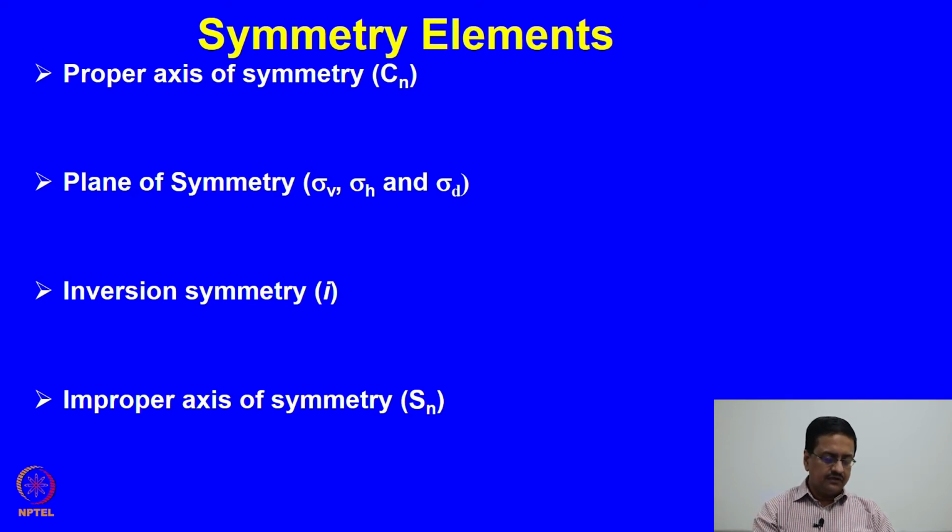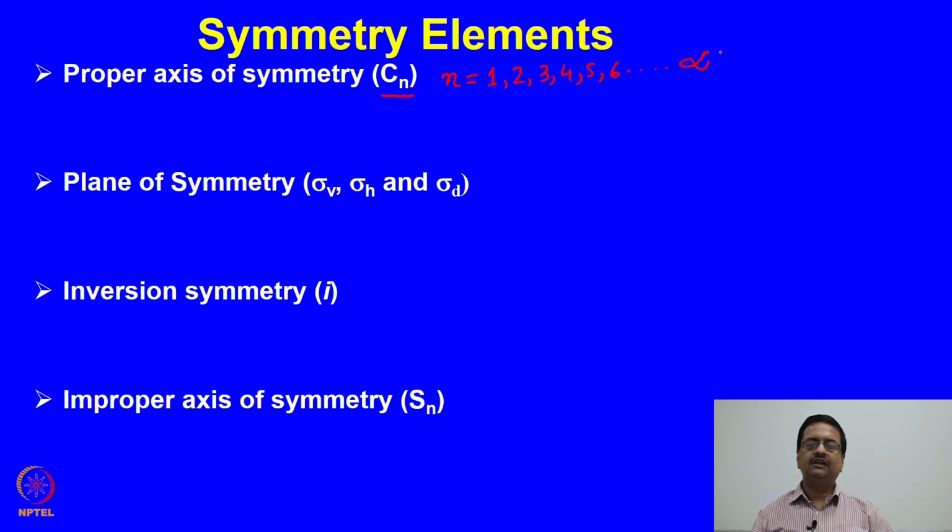So, for example, the first symmetry element that one should look for is the proper axis of symmetry, which is written as Cn. Here the value of n can be anything from 1, 2, 3, 4, 5, 6, etc. up to infinity.